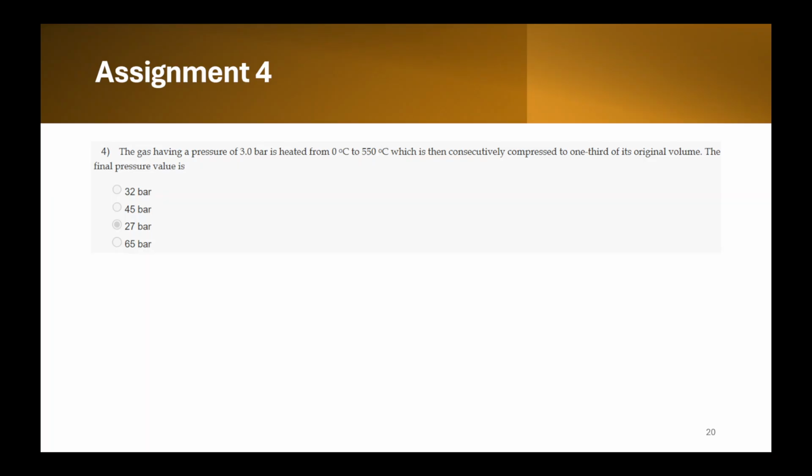Then a question from assignment 4. Basically, the gas having a pressure of 3 bar is heated from 0 degrees Celsius to 5 degrees Celsius, which is then consecutively compressed to one third of its original volume. The final pressure value is. So you can apply the ideal gas equation here. So there will be some P1, V1, T1, and at state 2 there will be some P2, V2, and T2.